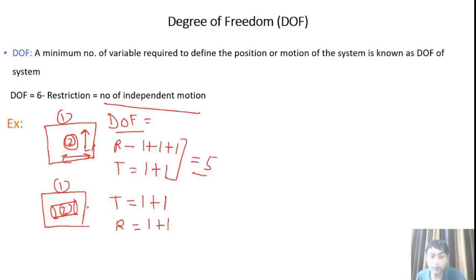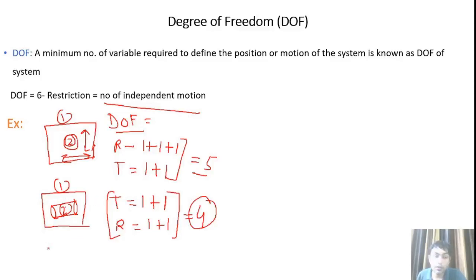If we try to rotate about the other axis, then there is no net contact between link 1 and 2, so the pair will break, and so it is not useful. Now count the number of independent motions. This is equal to 4. So degree of freedom is equal to 4.